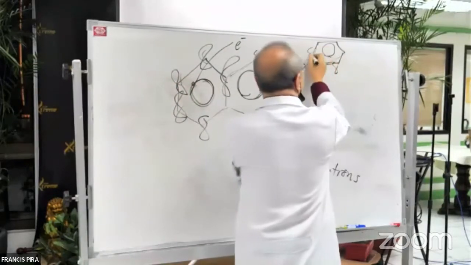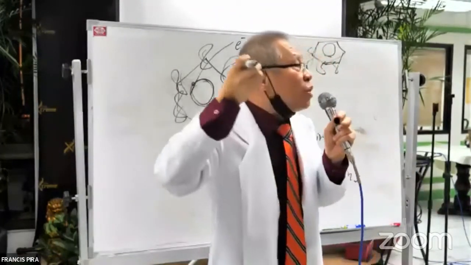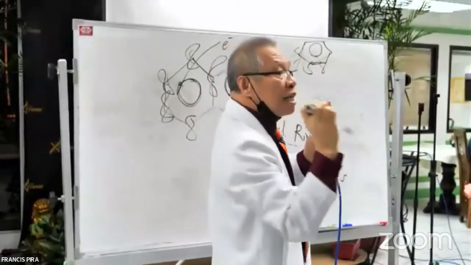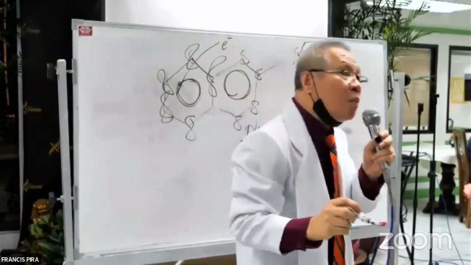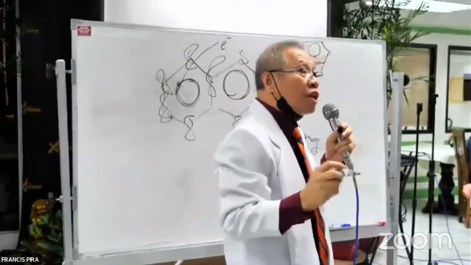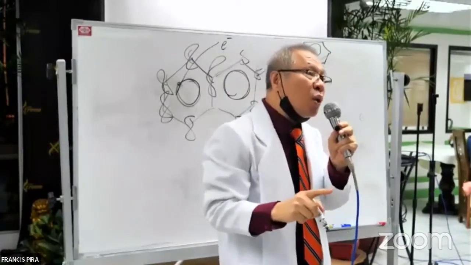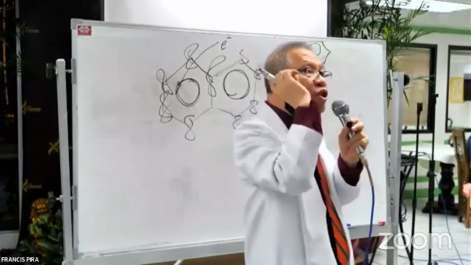That's why it is very aromatic. The phenyl ring is aromatic. The electrons are easily given off because they have plenty. That is called an aromatic molecule. A flavonol is a very good aromatic molecule that can donate electrons so that it can neutralize.